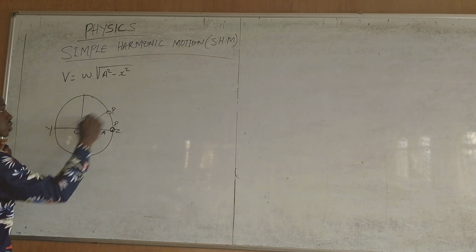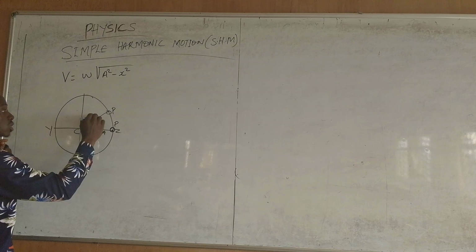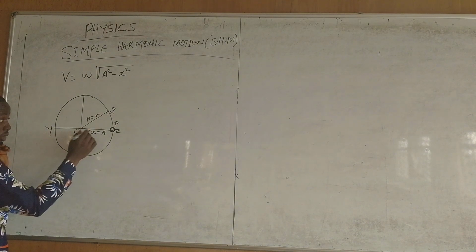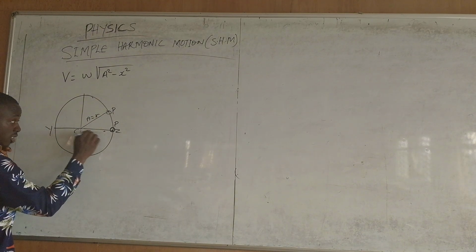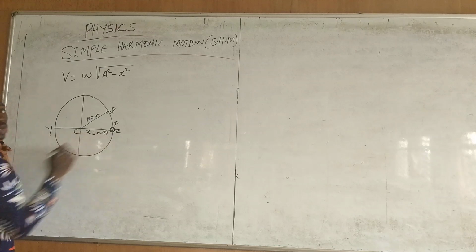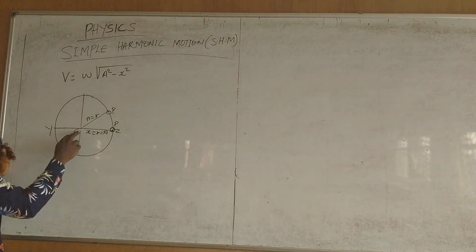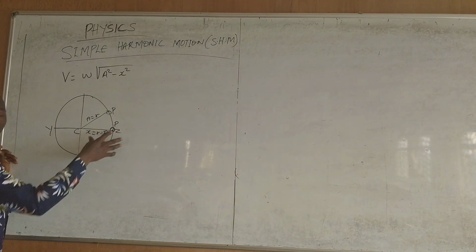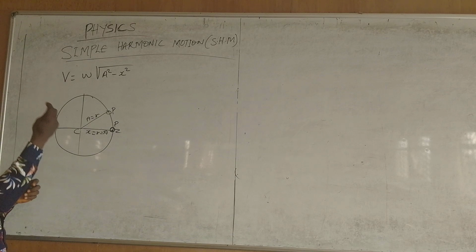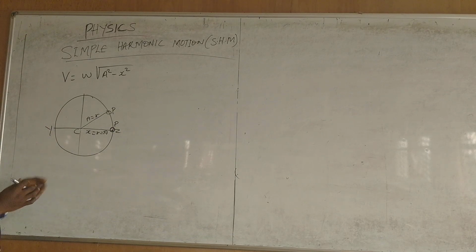Here is P now. From here to here is A, which is equal to the radius of the circle. Hope you know that x for here, x is equal to r, and it's also equal to A. Displacement is equal to the radius, and which is now also equal to A. And don't forget that r or A is used to represent the amplitude of oscillation, which is the maximum displacement.